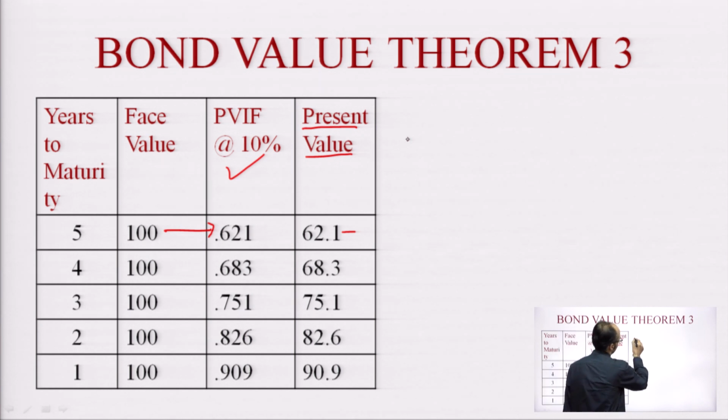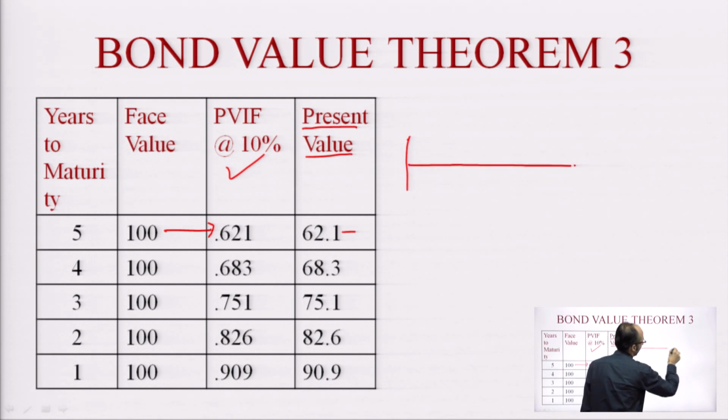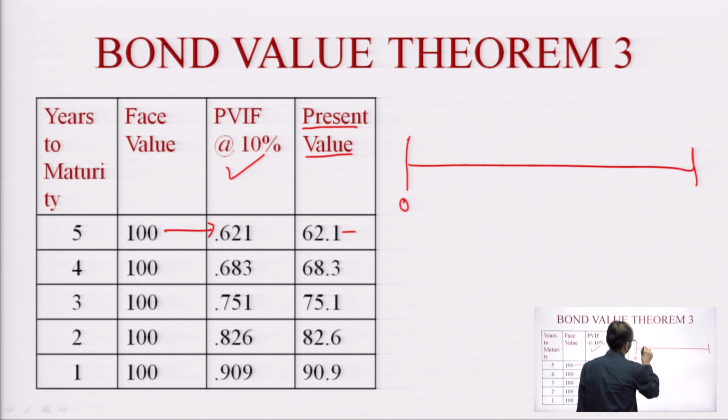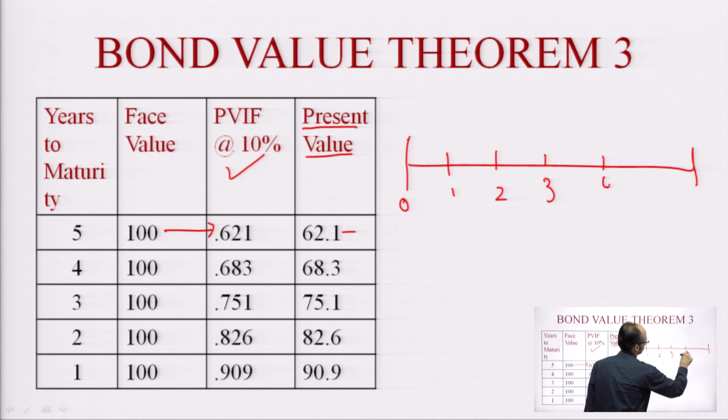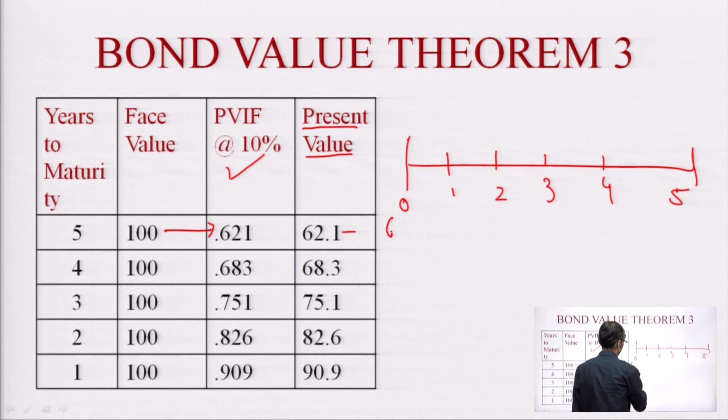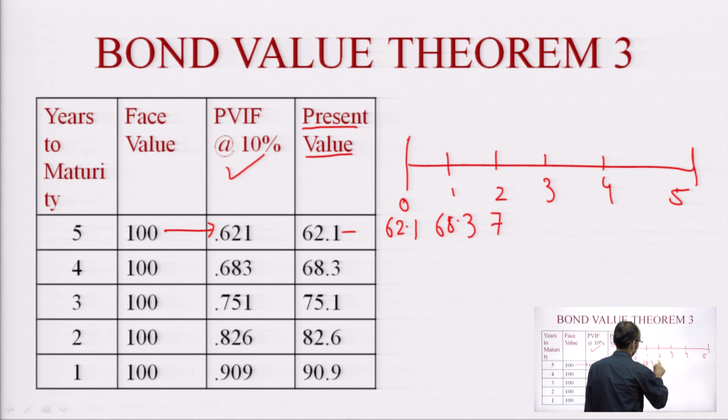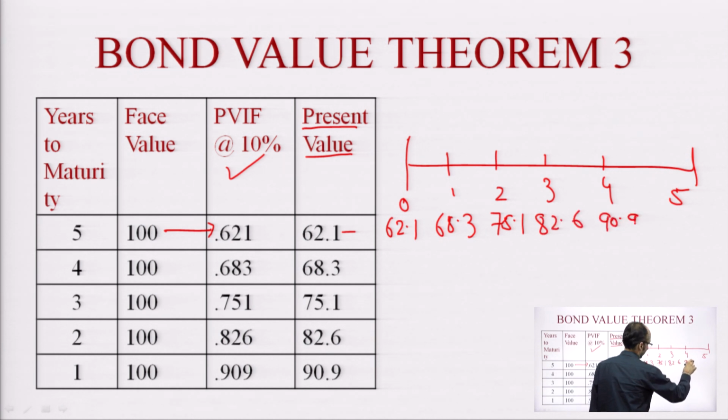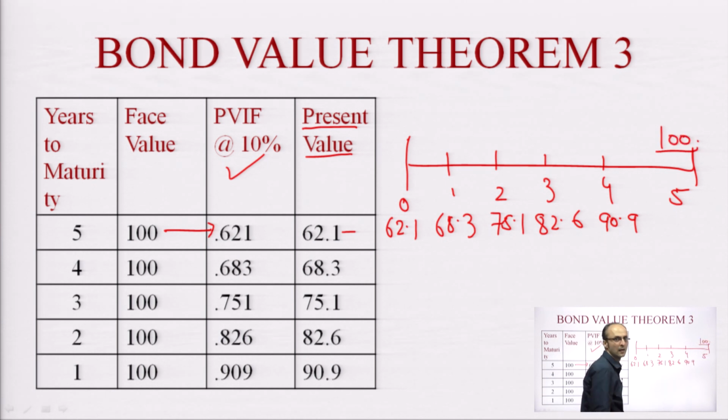Now we can understand this concept on a timeline also. At the starting of the 5th year, the value was 62.1, then 68.3, 75.1, 82.6, 90.9, and obviously at the end of the maturity the bondholder will get the face value, 100 rupees.